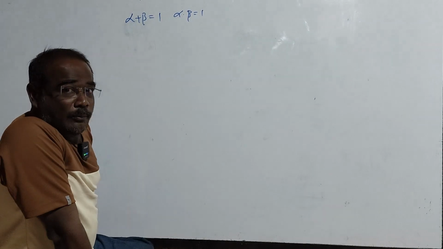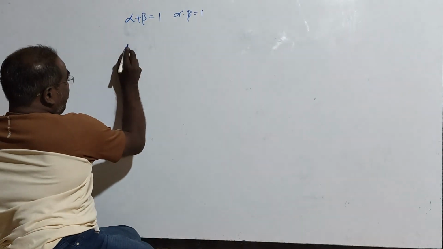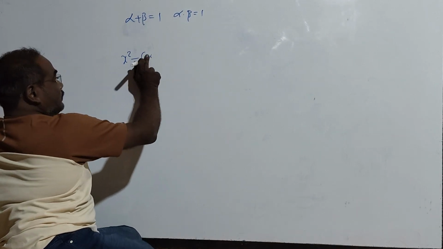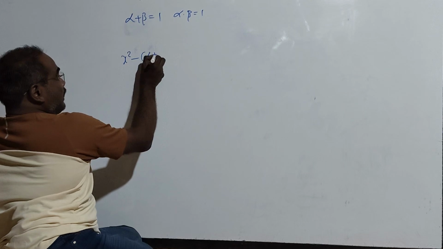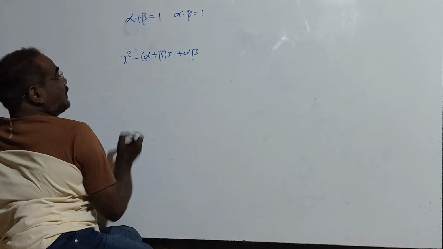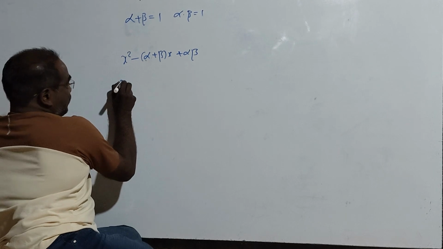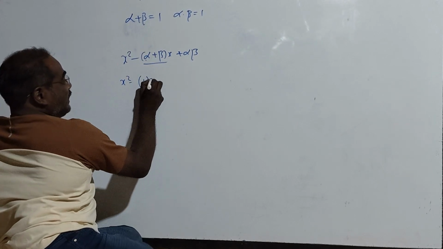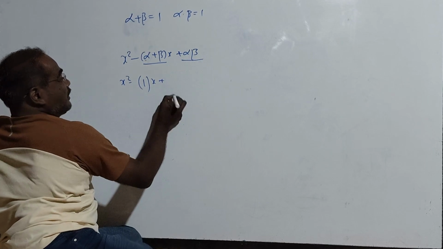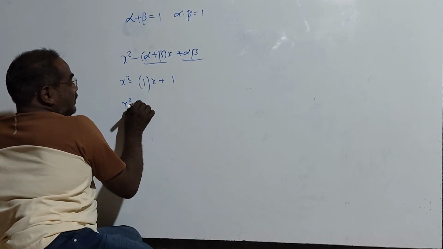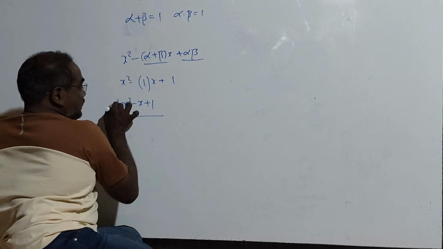Then form the quadratic polynomial. So we know the formula. What do we know? x square minus alpha plus beta into x plus alpha beta. So x square minus, what is the value of alpha plus beta? 1, into x plus, what is the value of alpha beta? 1. It will become what? x square minus x plus 1 is the result.